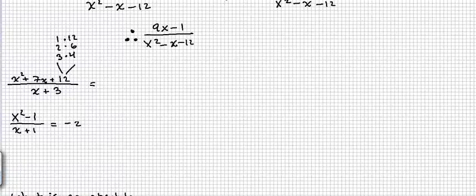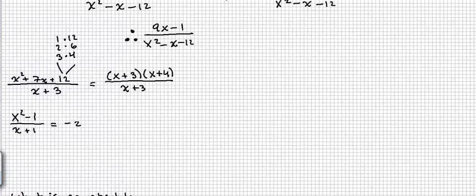Well, 1 plus 12 is 13. That doesn't equal 7. 2 plus 6 is 8. That's not 7. But 3 plus 4 is 7. So what happens is we get x plus 3 and x plus 4 factors out, and you can check that. You can FOIL that back out and you'll get these numbers.